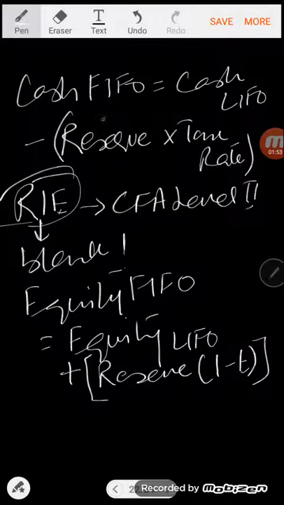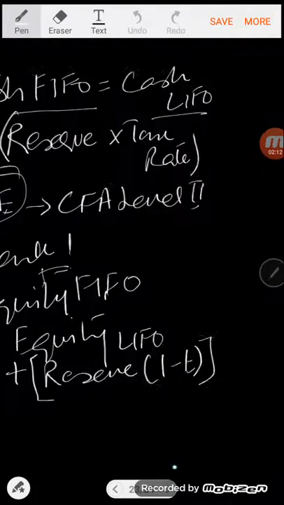Because look, if we look at the above figure, cash FIFO equals cash LIFO minus the reserve into tax rate, right? So the equity amount is basically the amount that would be stored for future distribution, right? So equity FIFO equals equity LIFO plus reserve into 1 minus tax.